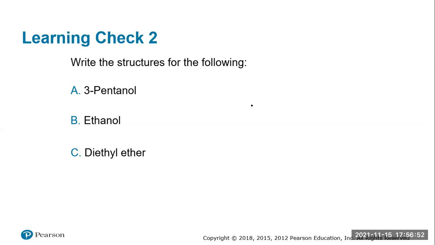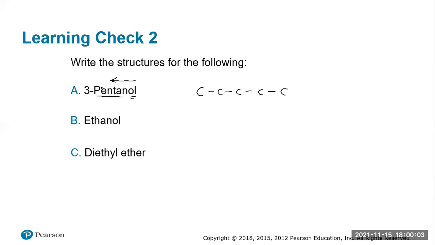So why don't we take a second here and review some of the stuff we've been talking about. Let's draw the structures for 3-pentanol, ethanol, and diethyl ether. Take a couple minutes and see what you come up with. When we're drawing all these, as we've talked about, we really want to proceed in this direction. The first thing we see here is OL, which tells us it's an alcohol. We see pentane, which tells us it is 5 carbons. So that is where you want to start.